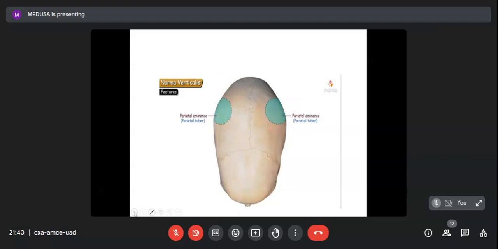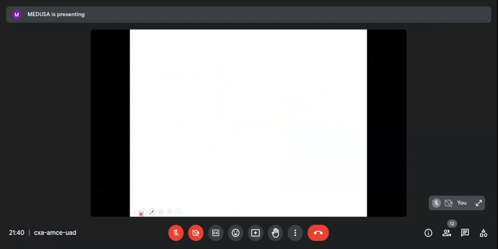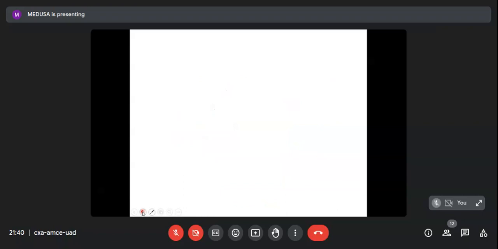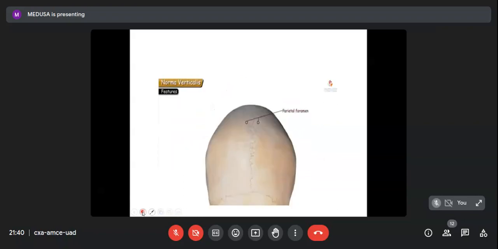We've labeled there that in the parietal tuber or eminence is where ossification of parietal bones begins. Very important to know.